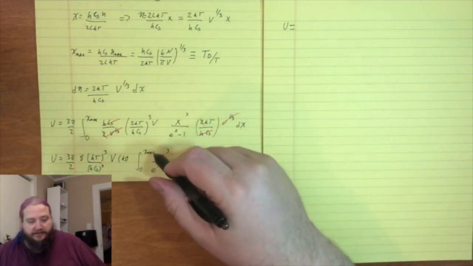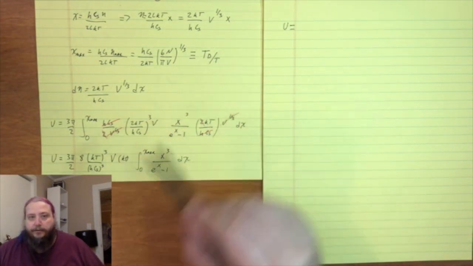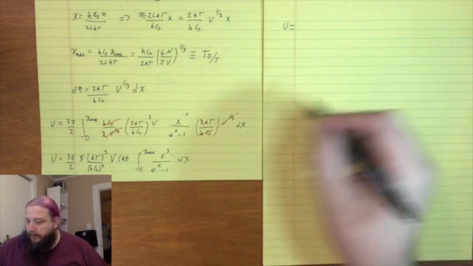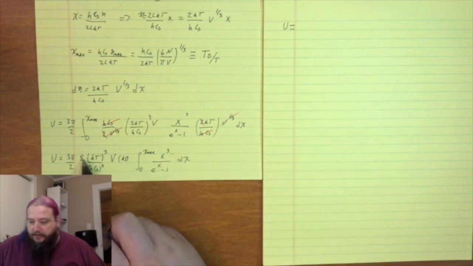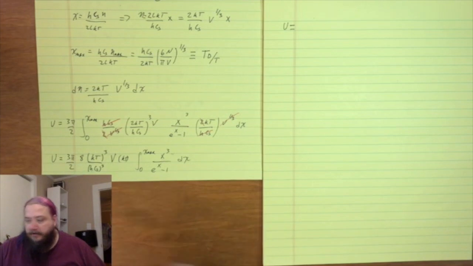We can convert this x max to the Debye temperature over T. And the 8 over 2 gives us 4, times 3 gives us 12.